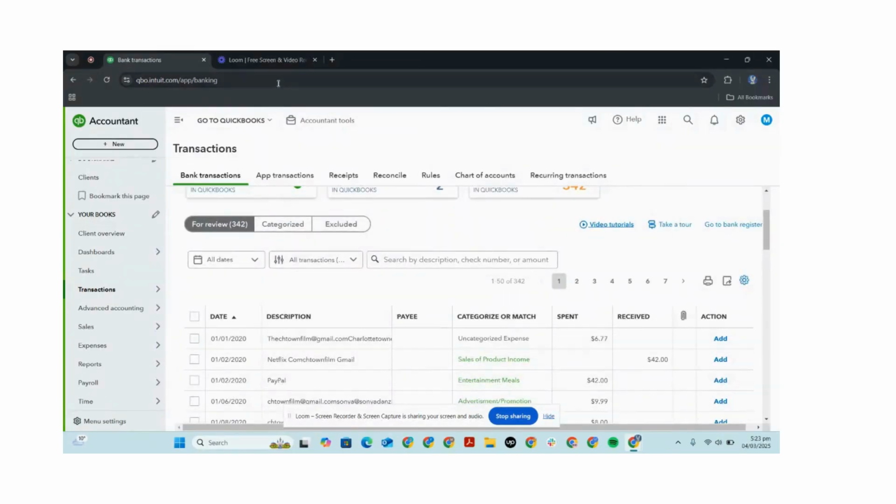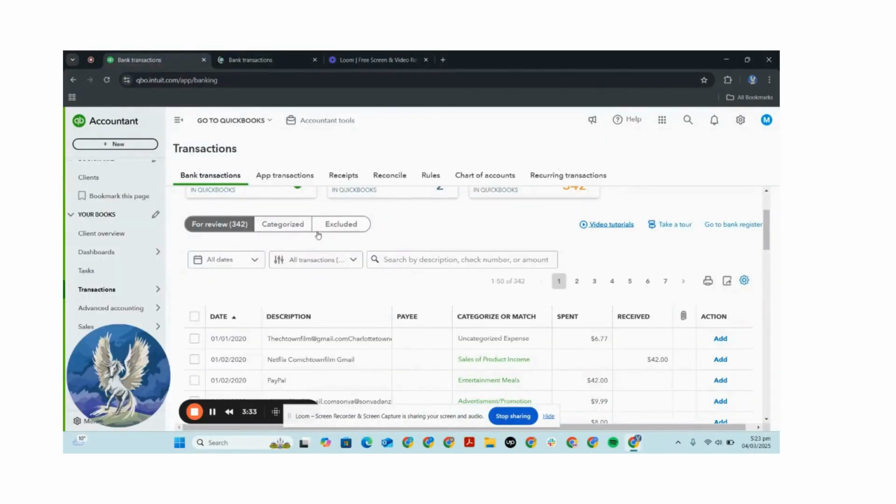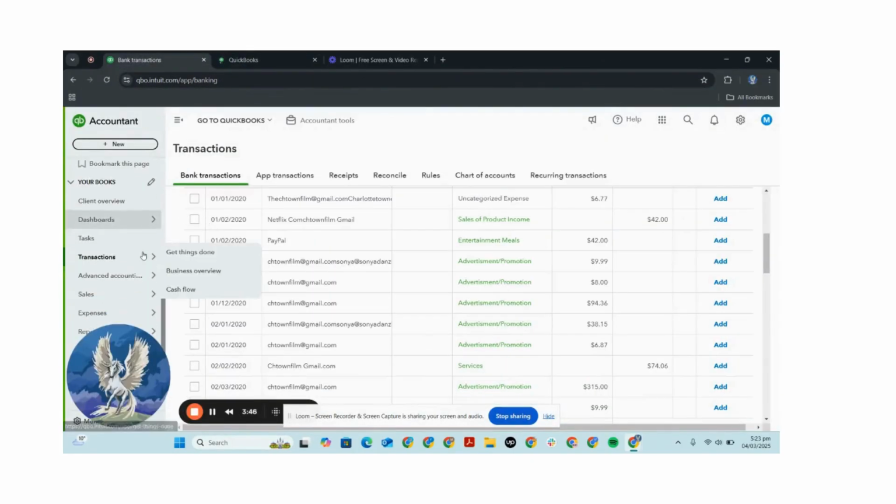First of all, we have to understand the chart of accounts of your business. The chart of accounts is the backbone of your business. Most clients want a customized chart of accounts according to their business needs.